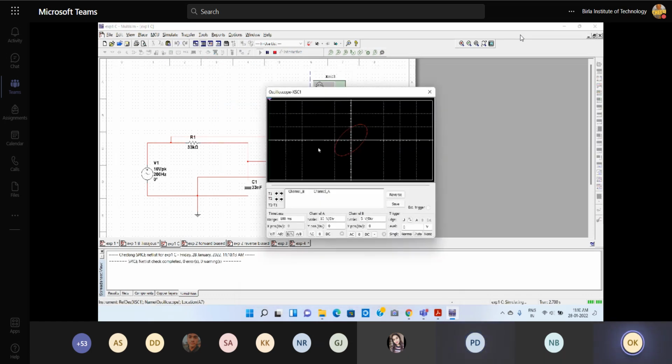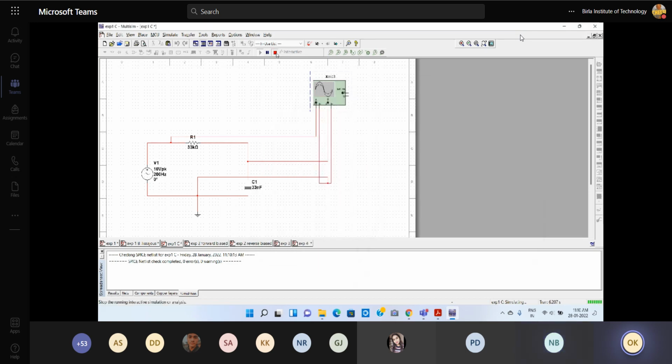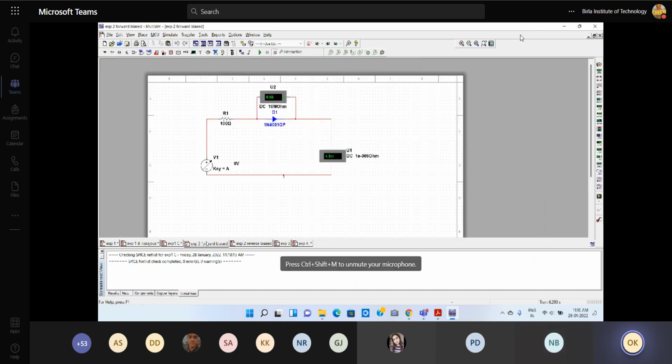This is experiment 1C. This is forward biased, experiment 2.